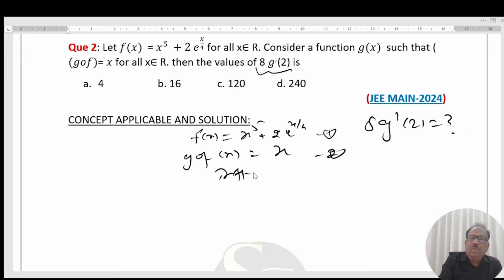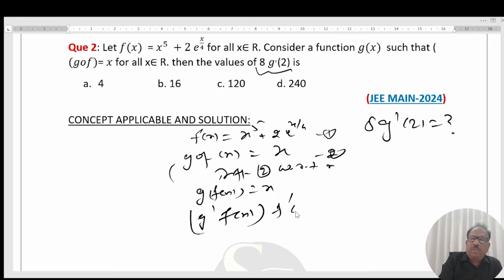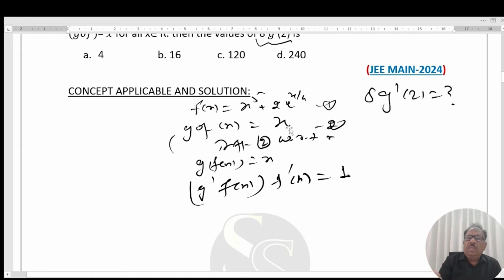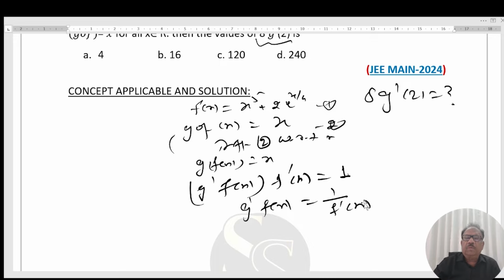Differentiating 2 with respect to x, we can write g(f(x)) equal to x. So g dash f(x) into f dash x will equal 1, right? Then g dash f(x) is equal to 1 over f dash x, right? Now we have to find g dash 2.